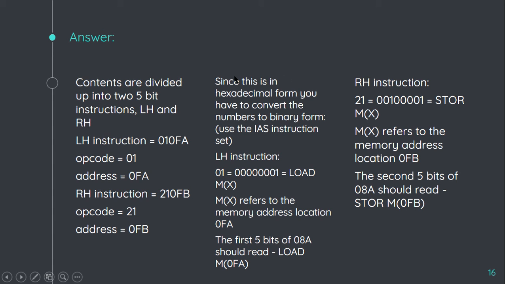Since this is in hexadecimal form, you have to convert the number to binary form and use the IAS instruction set. For the LH instruction, the opcode is in hexadecimal form, so you need to convert it into binary, which is 01 into binary, 00000001, and in the IAS instruction set this becomes LOAD M(X).